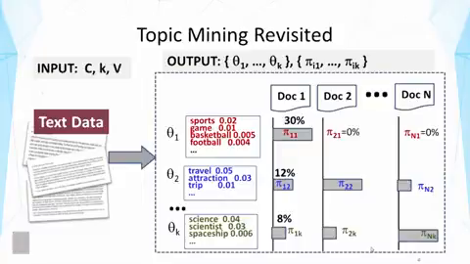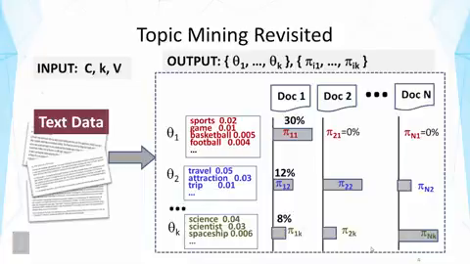So to talk about the generative models for text clustering, it would be useful to revisit the topic mining problem using topic models, because the two problems are very similar. So this is a slide that you have seen earlier in the lecture on topic model. Here we show that we have an input of text collection C and a number of topics K and vocabulary V, and we hope to generate as output two things.